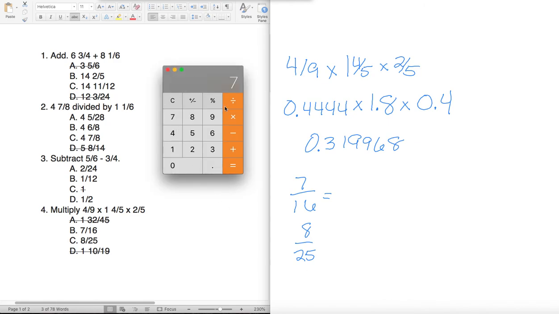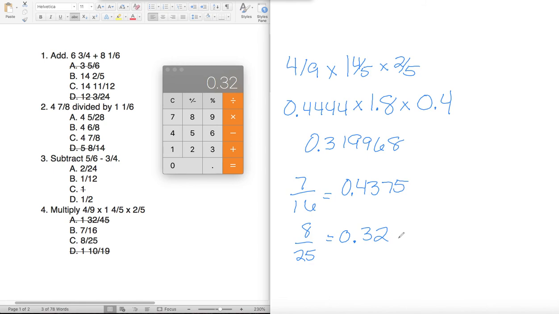So 7 divided by 16 is 0.4375, and 8 divided by 25 is 0.32.